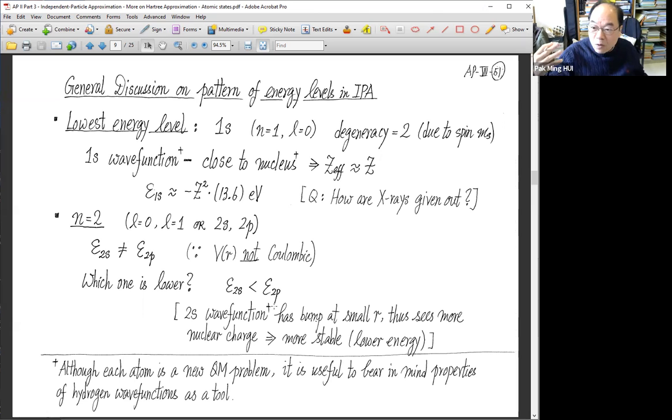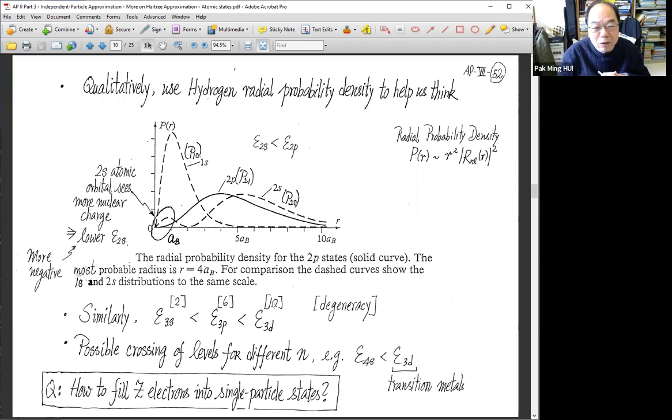For the other atoms, of course, we need the numerical solution of the wave function. But hydrogen, nevertheless, gives us a very good concrete set of wave functions with pictures to think about. So here I grab a hydrogen result and make the argument.